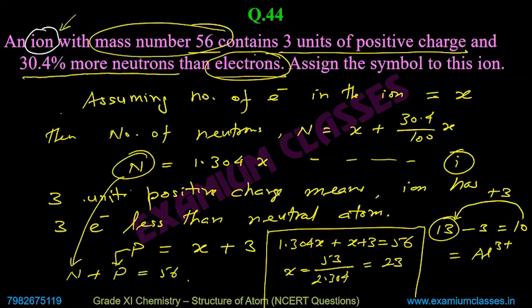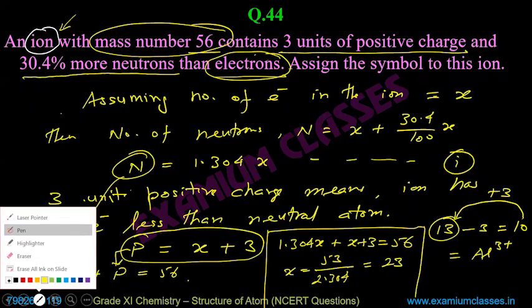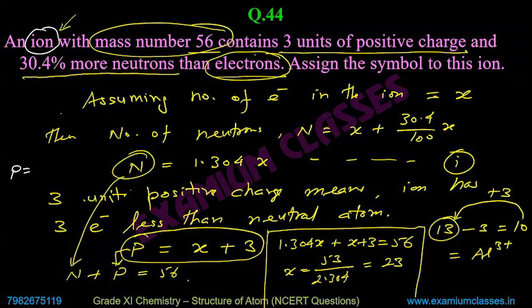Protons will be x plus 3, that is 23 plus 3 equals 26. Atomic number will be 26, not 23. 23 is electrons in the ion. Electrons in the atom will be 23 plus 3, 3 more.